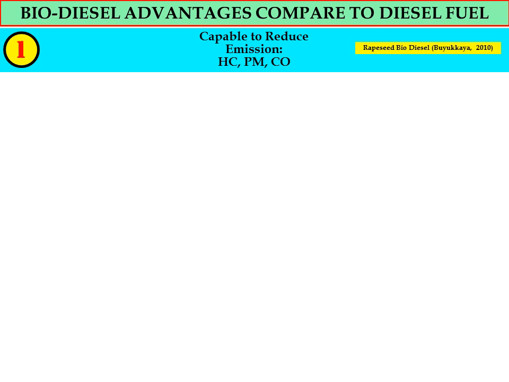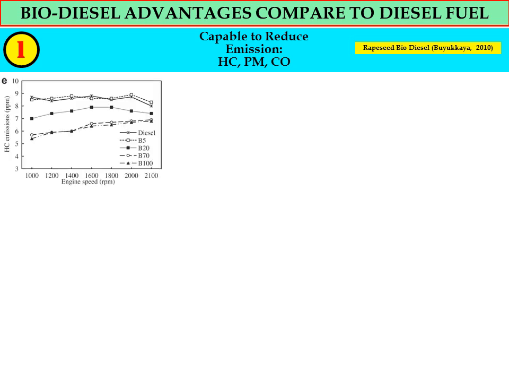Based on the paper by Buyukaya 2010, this researcher used rapeseed biodiesel fuel in his investigation. The first graph shows the relationship between hydrocarbon emission versus engine speed for different mixtures of rapeseed biodiesel and typical diesel fuel.